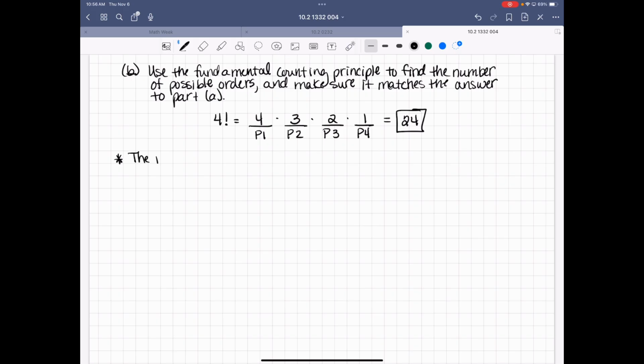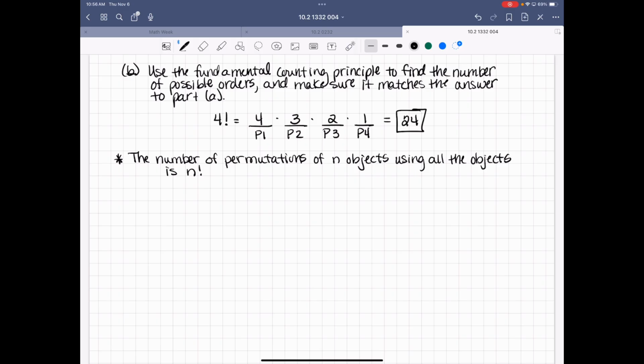The number of permutations of n objects using all the objects is n factorial.